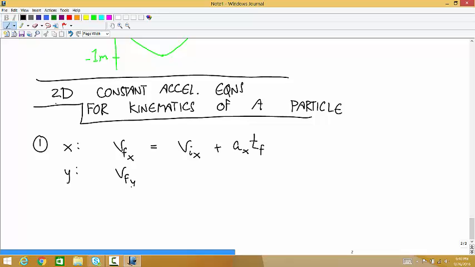So VFY is equal to VIY plus AY TF. Notice that all of the directional quantities, the accelerations, positions, and velocities, have x and y components, but time doesn't have direction. So the only time that's appearing is time final.